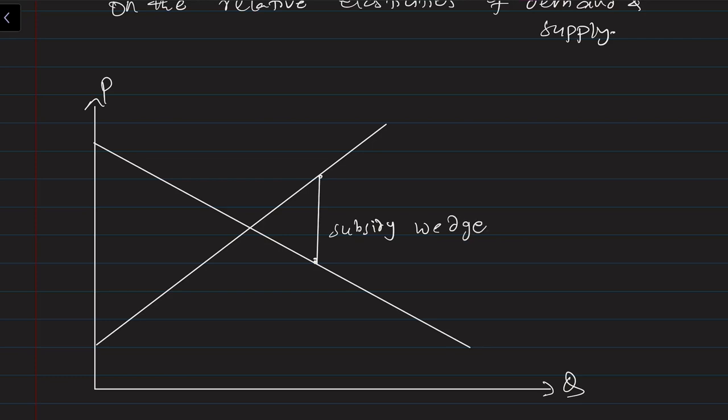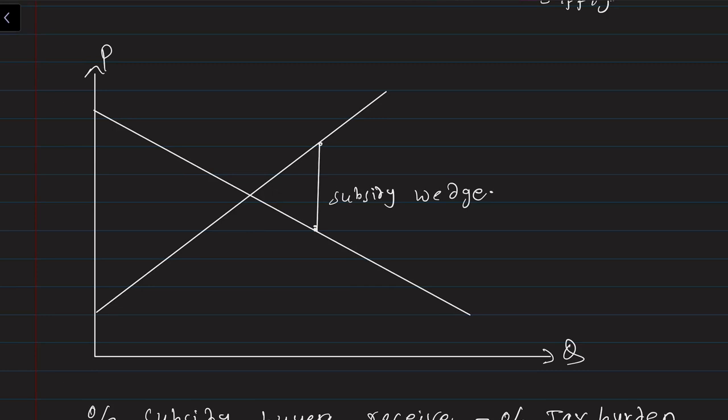Now my question is, what is consumer surplus? The consumer surplus is the area under the demand curve and above the effective price paid by the buyers, right? So this is the price paid by buyers, and this whole area is our consumer surplus.